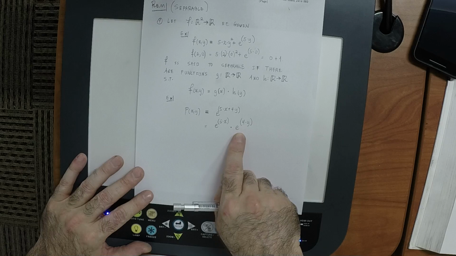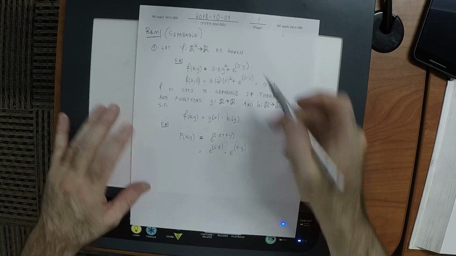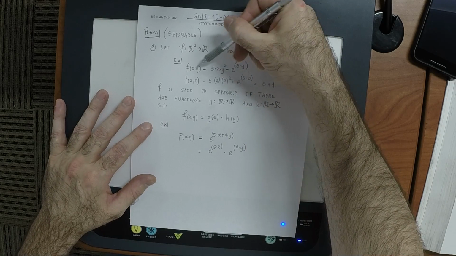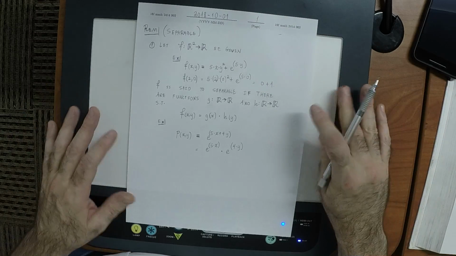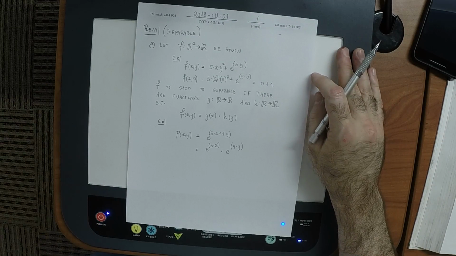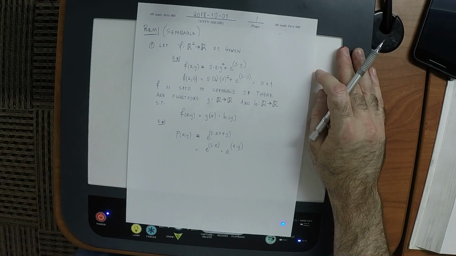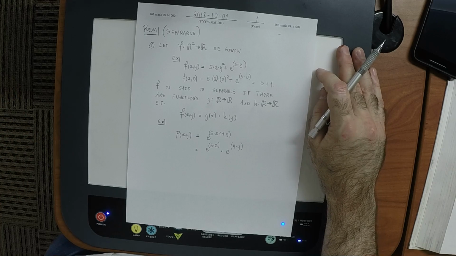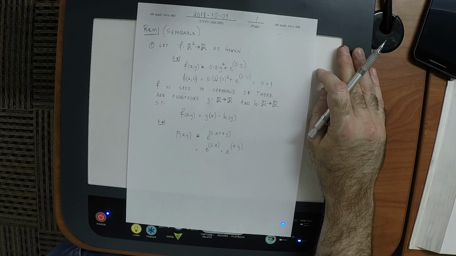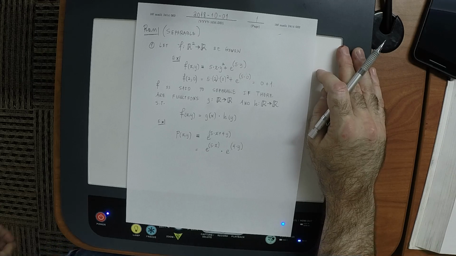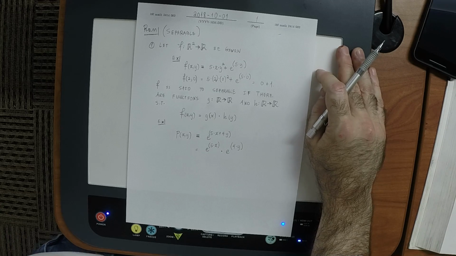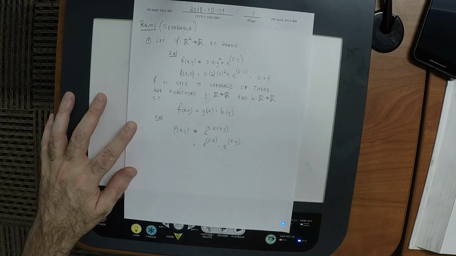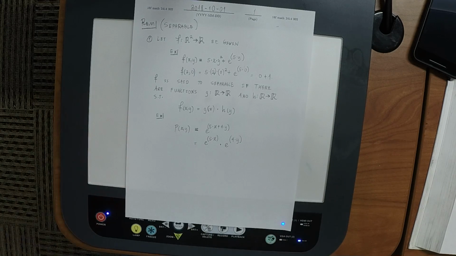Okay, and then you can imagine that instead of having just two variables, if we had three variables, say x, y, and z, then something could be separable over all three, so that it would be a function of x, multiplied by another function that's only a function of y, multiplied by another function that's only a function of z, etc. So this is separable. All right.